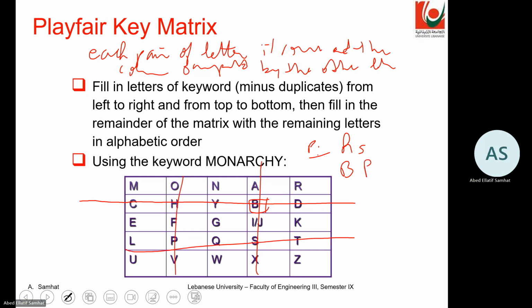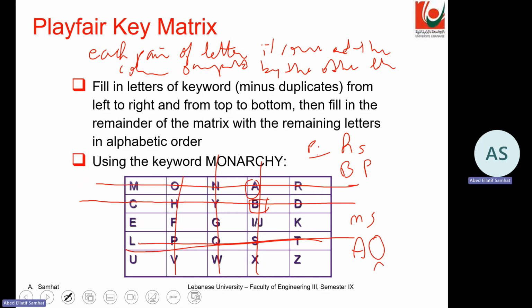it will be B. Okay, if we want to take, for example, NS, so for N here is N and S. If we want N, as we said, it will be A, and for S and N it will be Q, and so on.